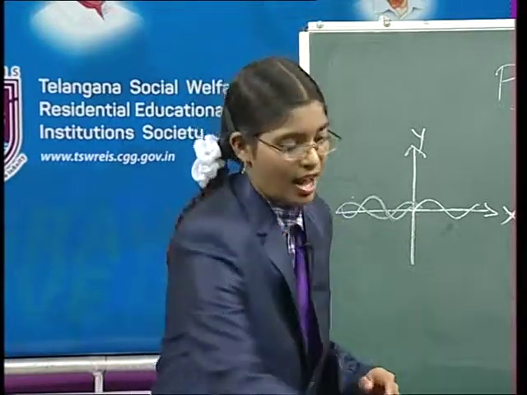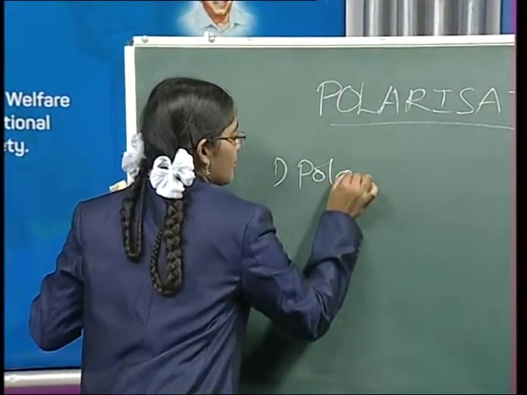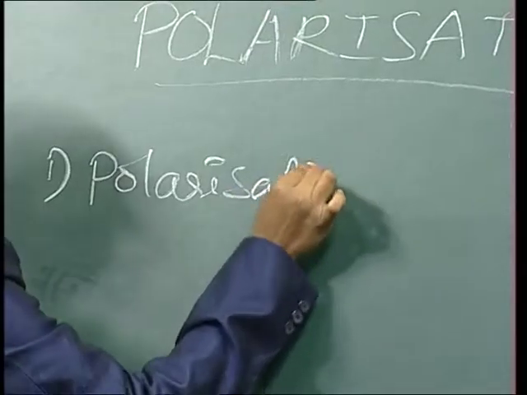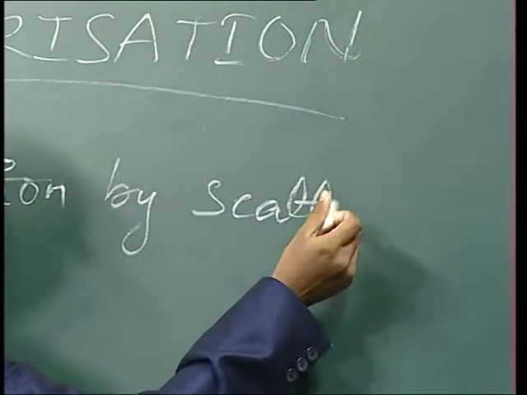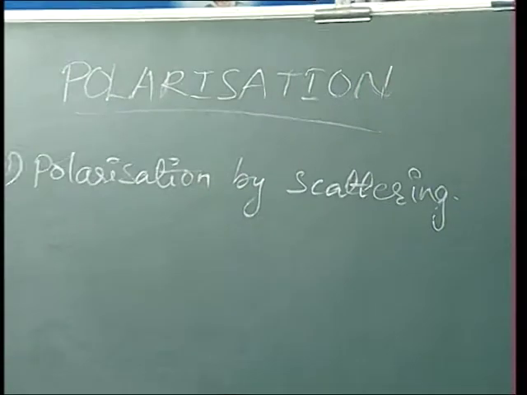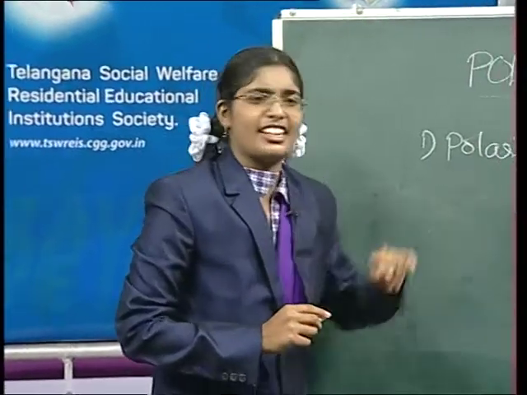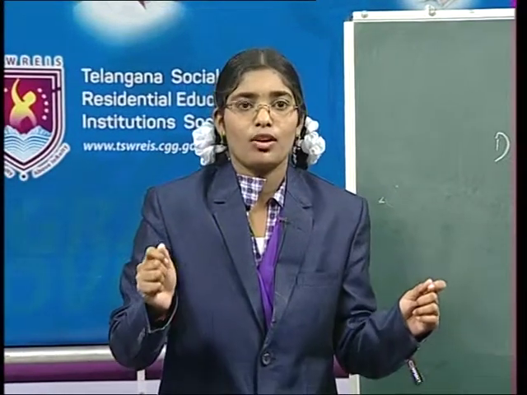Those phenomena are polarization by scattering. Let us see one by one, Sweros. Polarization by scattering. Have you heard of the word scattering anywhere? No. Scattering means, when you wake up early in the morning, when the sun rises, when you open the window of your doors, what can you see?